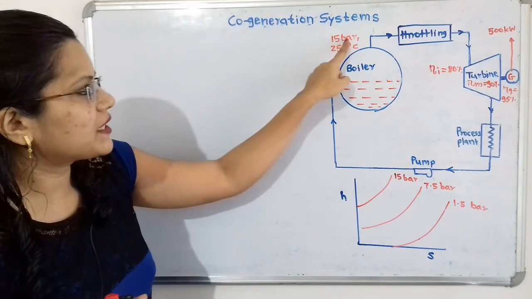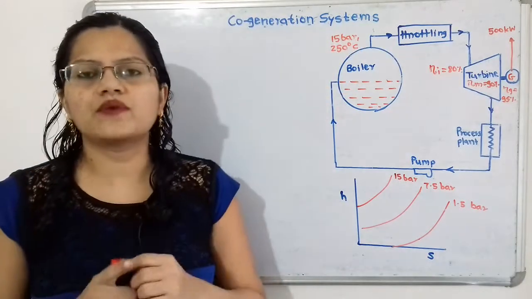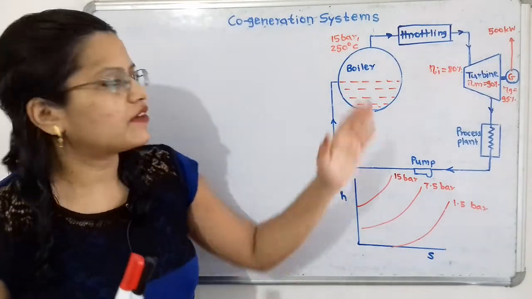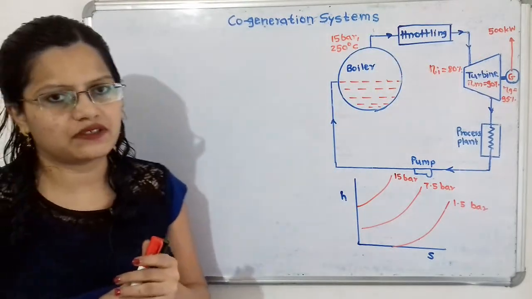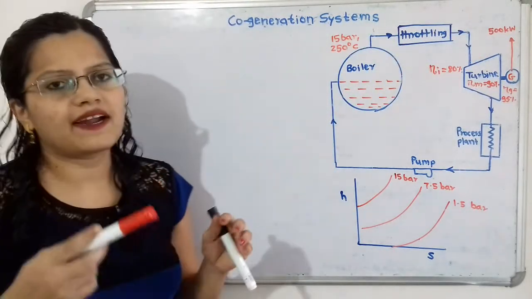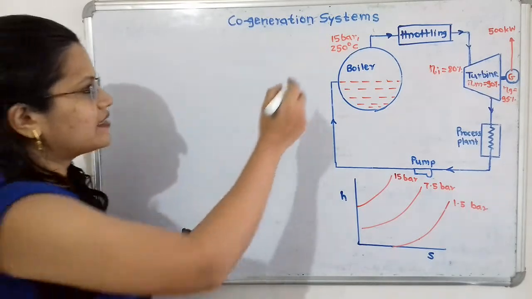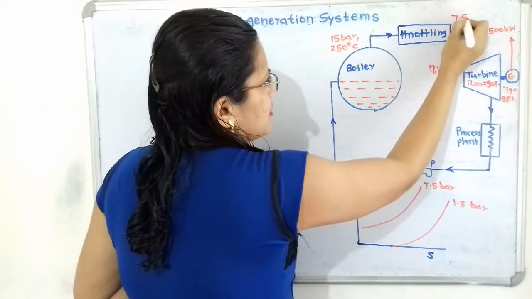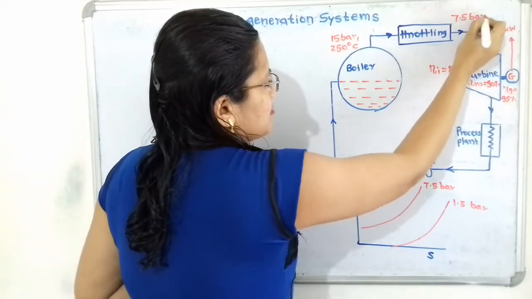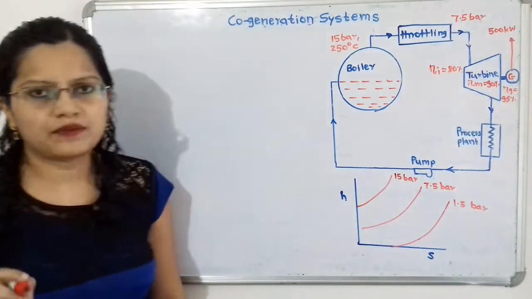Here the initial pressure is 15 bar, so after the throttling process we have to take a 50% reduction in this pressure. That means 15 divided by 2. So we can say that 7.5 bar is the pressure of the steam after the throttling process.